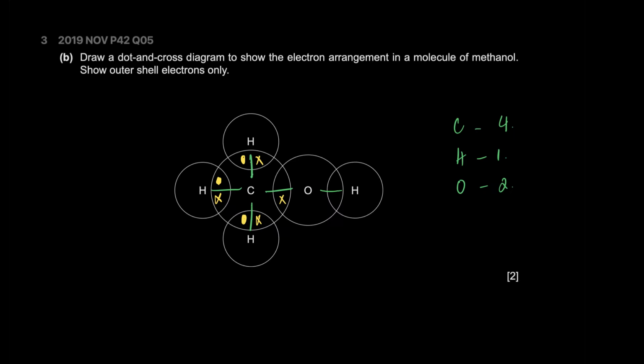Actually it's kind of confusing, so let's make this a circle instead of a dot, and we have a circle with an X. The X's are hydrogens.